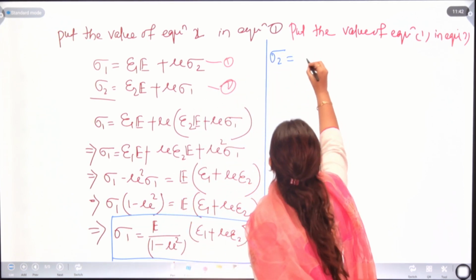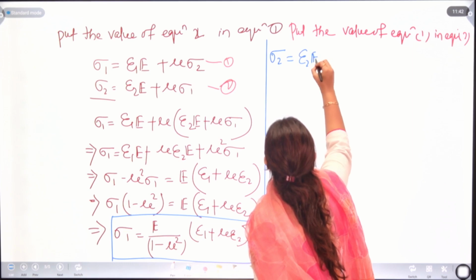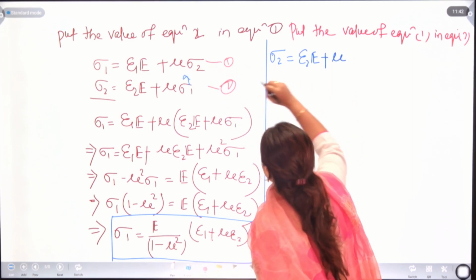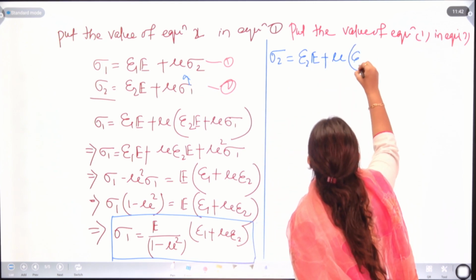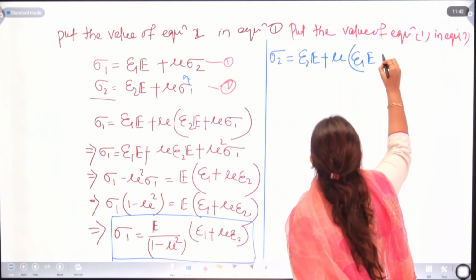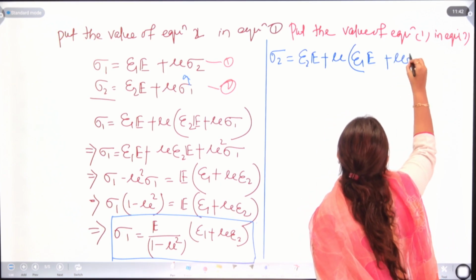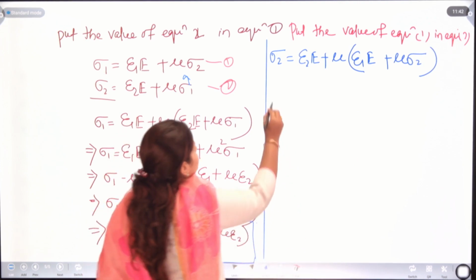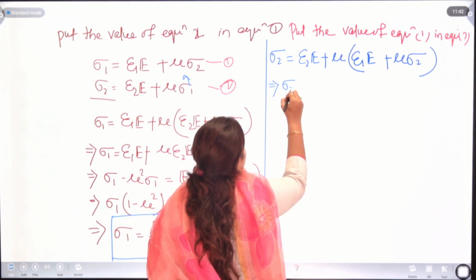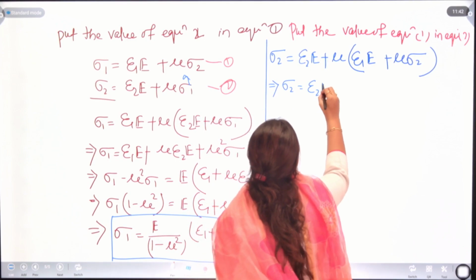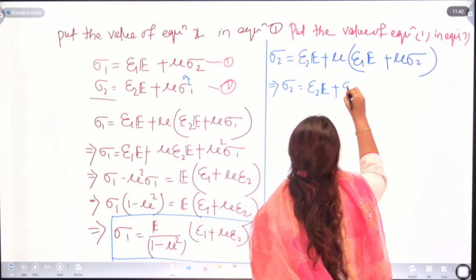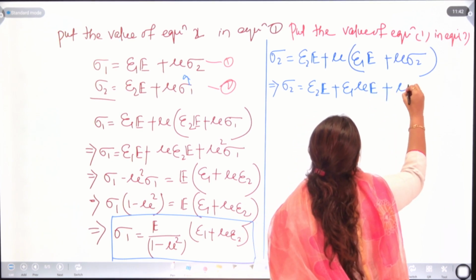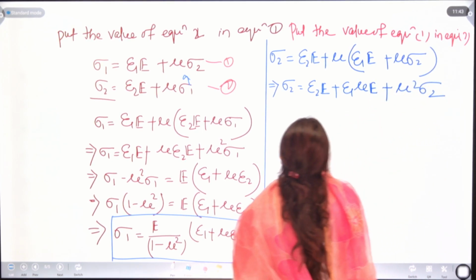Sigma 2 is equal to epsilon 2 into E plus mu into, we can put directly the sigma 1 value, that is epsilon 1 into E plus mu into sigma 2. So, sigma 2 is equal to epsilon 2 into E plus epsilon 1 into mu into E plus mu square sigma 2.